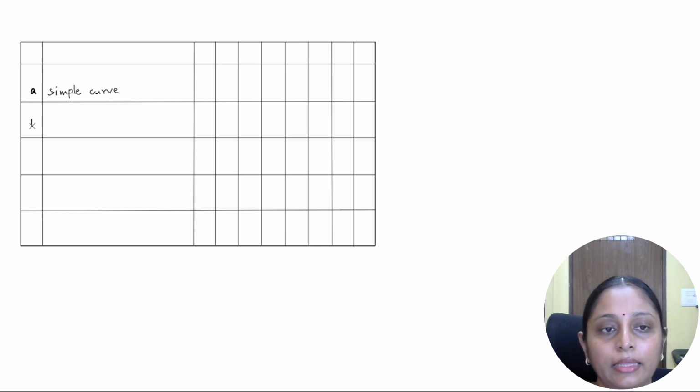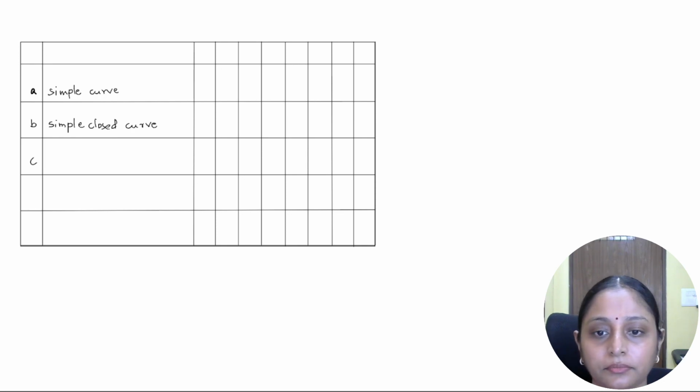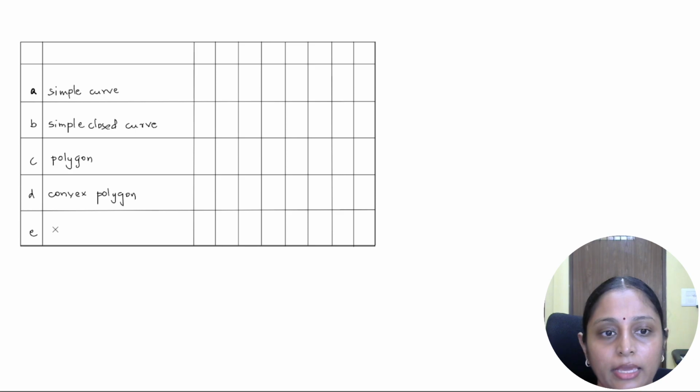Okay, and then B is simple closed curve, and then I have polygon, and then I have convex polygon, and the next is concave polygon.